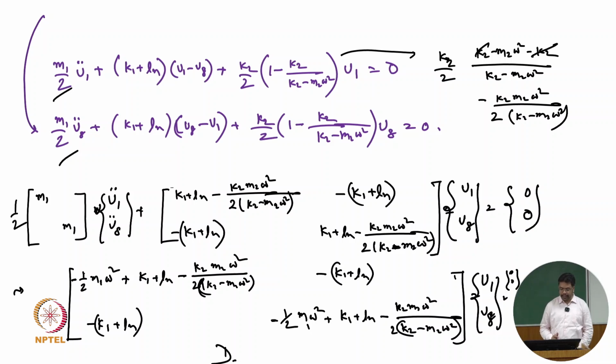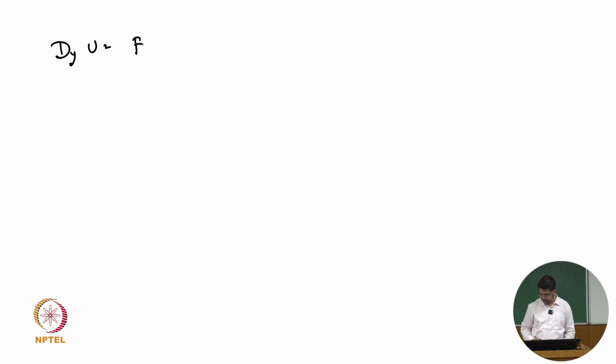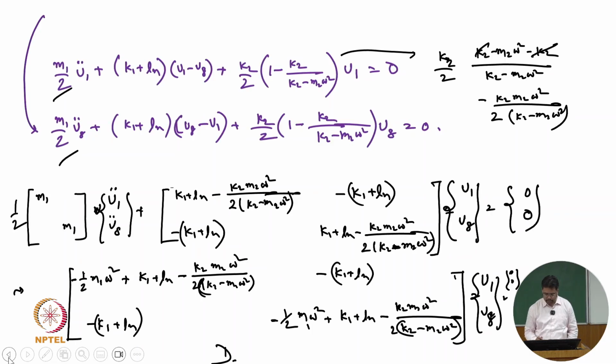Okay. So once we get the dynamic stiffness matrix, after that what can we do? We got the dynamic stiffness matrix in this manner. So my dynamic stiffness matrix D times u should be equal to my force. Now one thing is important: it is not always required to put the 0.